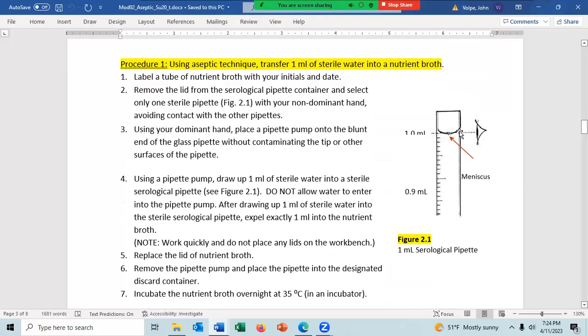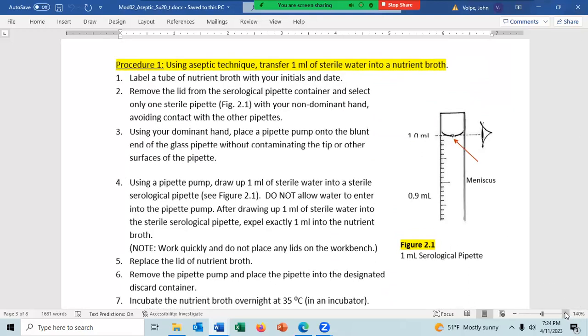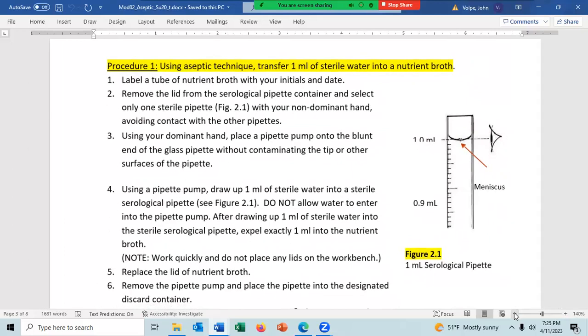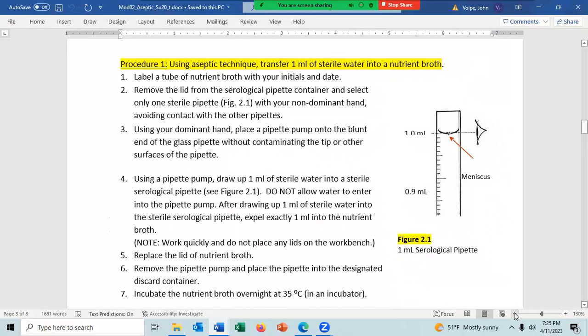It'll form a meniscus and look like that. And where do you read the meniscus? Do you read it at the top of the meniscus, the bottom of the meniscus, or in the middle? Anyone remember from your previous class? Nope. You read it at the bottom of the meniscus. So that would be 1 ml where the bottom of that is.